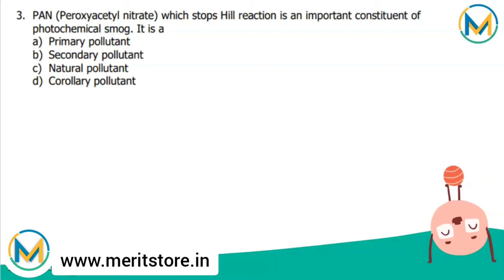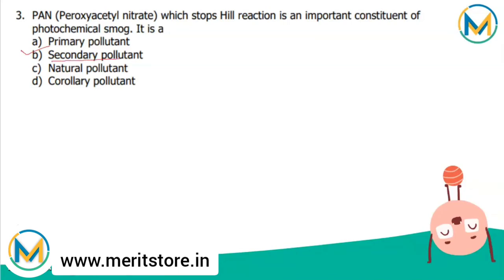It is a pollutant formed by chemical interaction of primary pollutant with atmospheric gases and moisture, often catalyzed by sunlight, are called secondary pollutant. PAN, that is peroxyacetyl nitrate, is one such substance where PAN prevents photolysis of water in photosynthesis or Hill reaction. So it's a secondary pollutant.